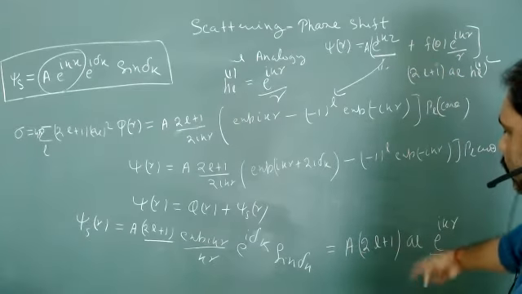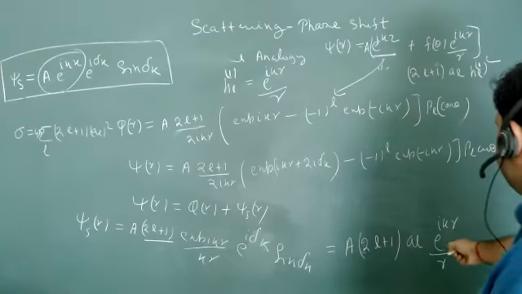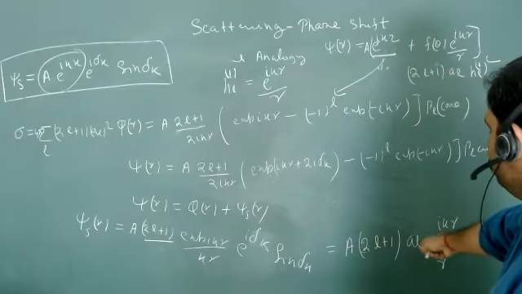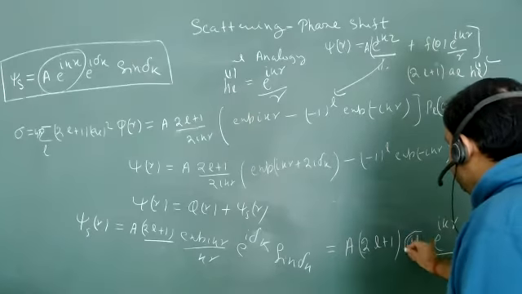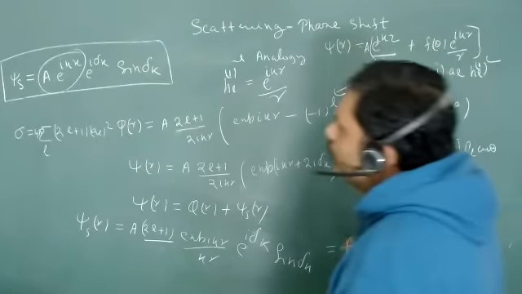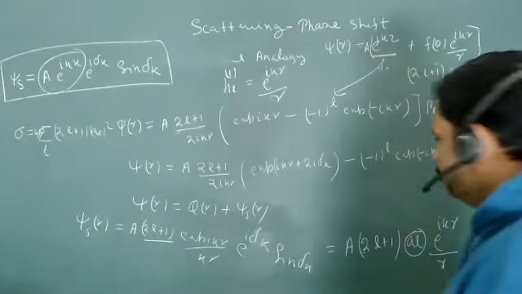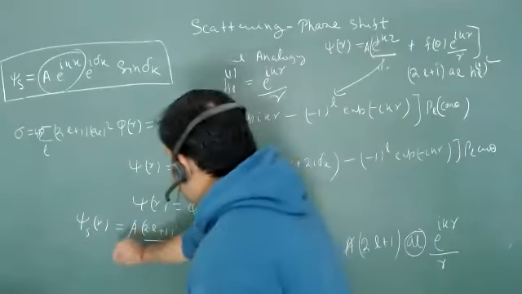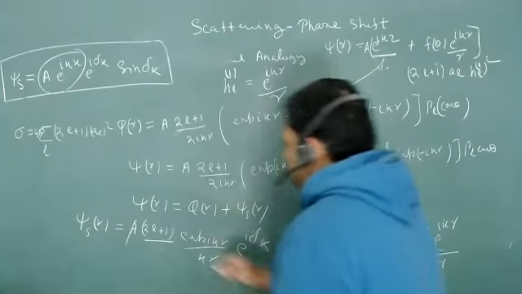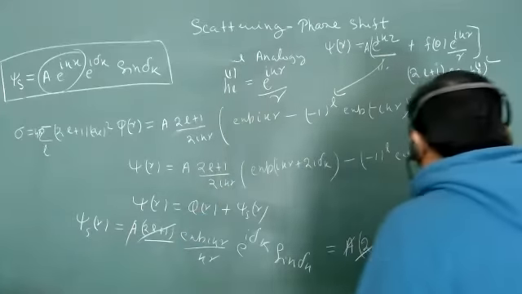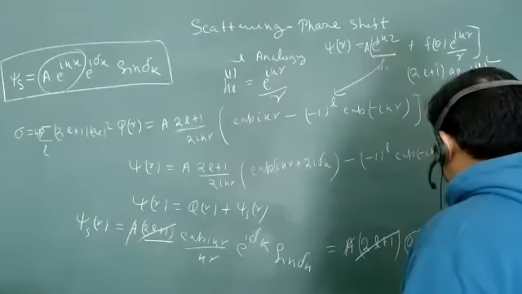So now from here we can easily compare what is the value of al, because once you get the value of al, you can use this formula, है ना? So this a and this a cancel out. This 2l plus 1 and this 2l plus 1 cancel out, and e to the power ikr is going.